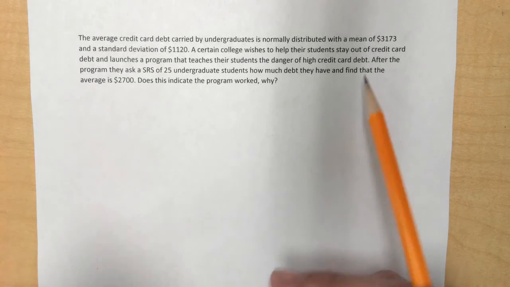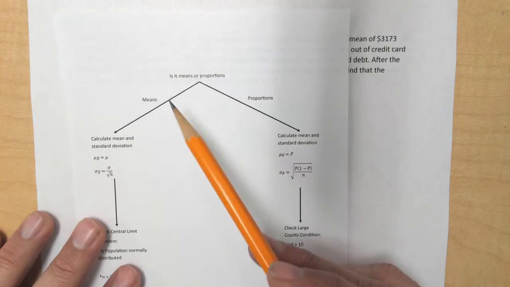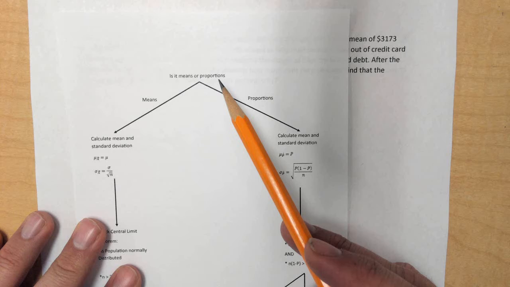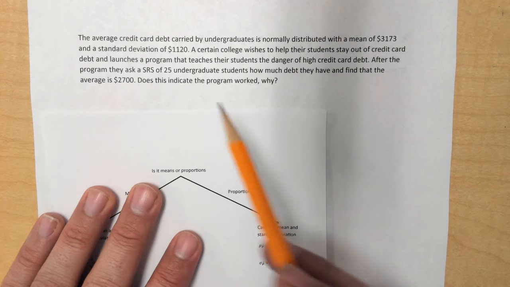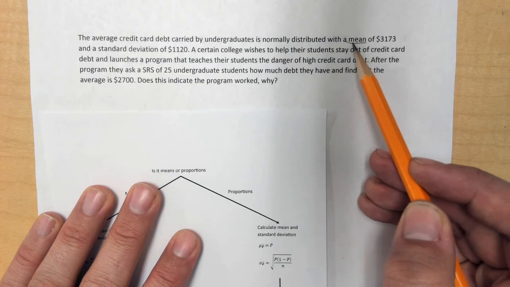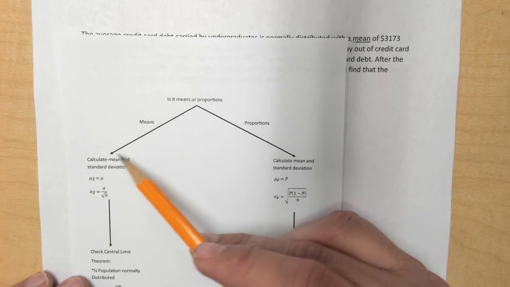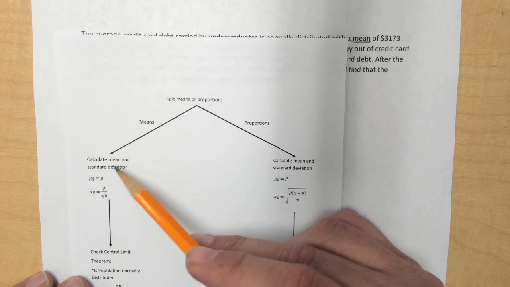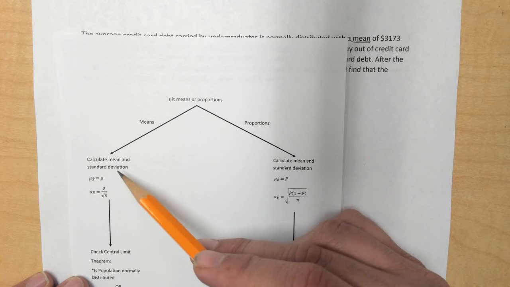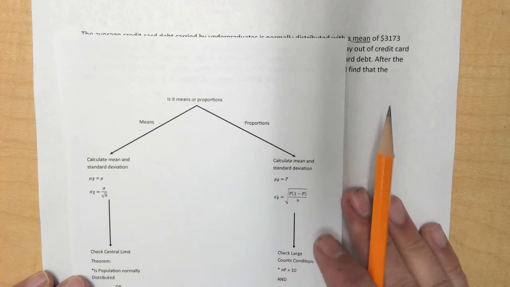Our first step, looking at this flowchart, is: is it a means or proportion problem? It says mean right here, so that makes it a means problem. So we follow our flowchart down to here. Our next step is to calculate the mean and standard deviation of our sampling distribution.